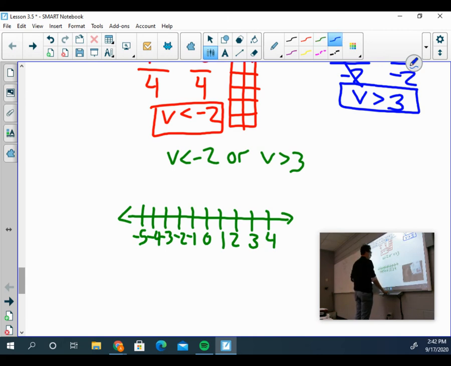And then I'm going to place my dots, my points of interest. And then from there, I will shoot off to the right. And I will shoot off to the left. Again, leaving those circles open because they are not an equal to.